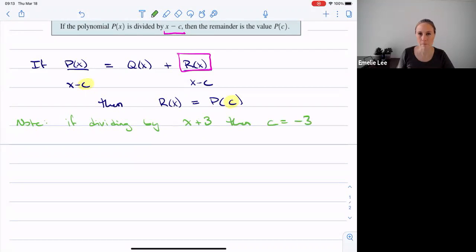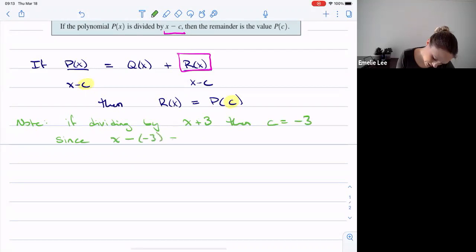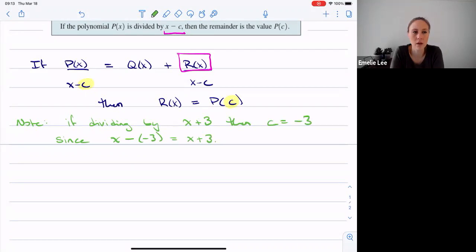So you want to be really careful because it's x minus c, since x minus -3 equals x plus 3. So that's something to keep in mind. Okay. And we looked at that last day.